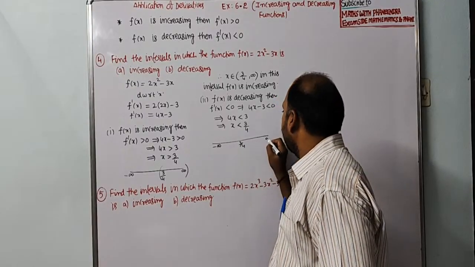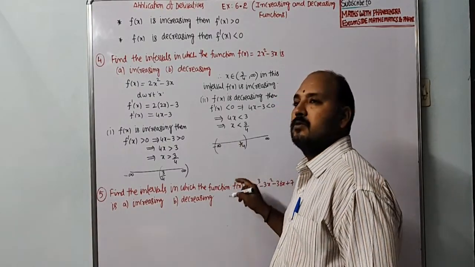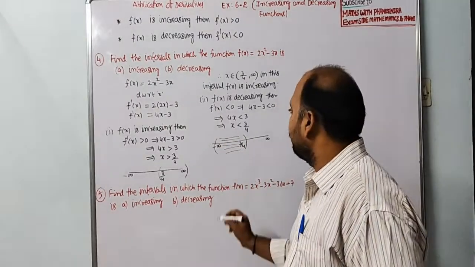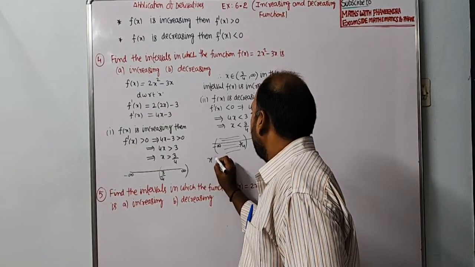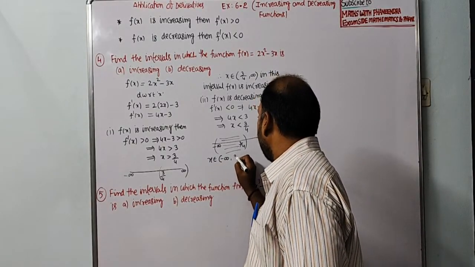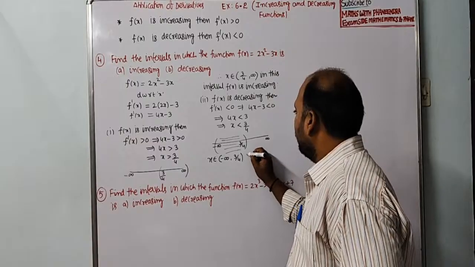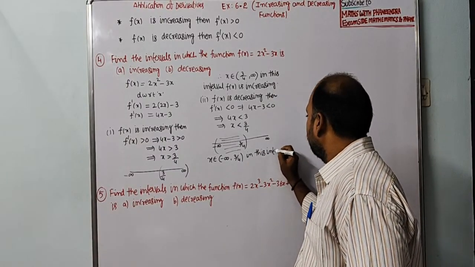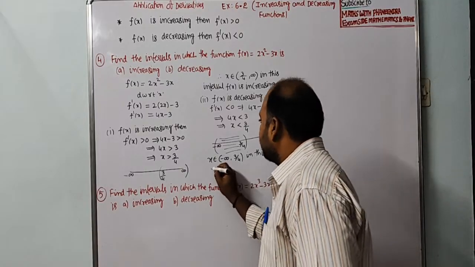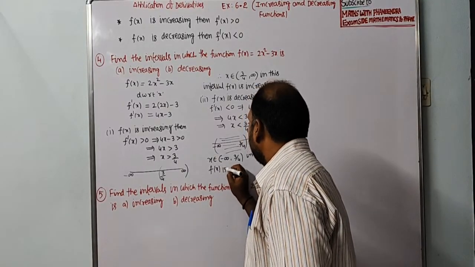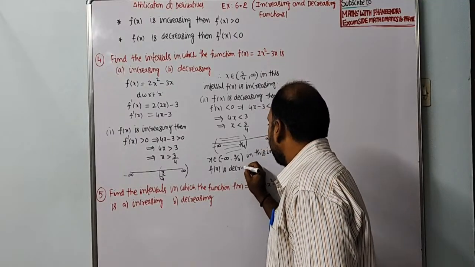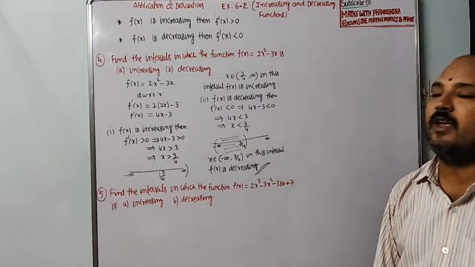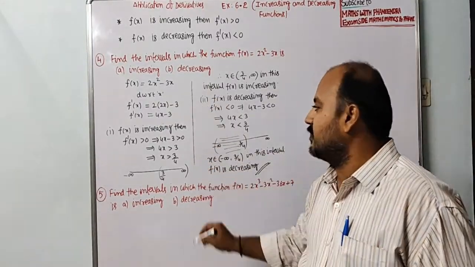So x belongs to open minus infinity to 3 by 4. In this interval, f of x is decreasing. This is the way you can give the answer, dear students.